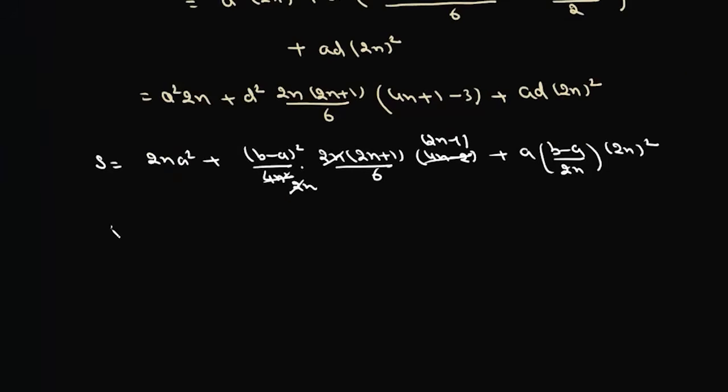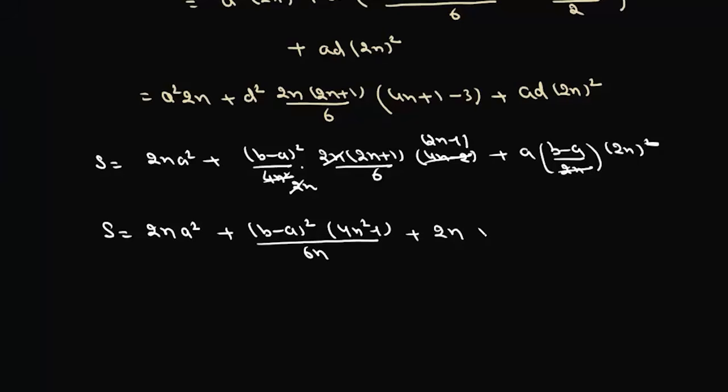So we can write this as 2n a square plus (b minus a) whole square into (4n square minus 1) upon 6n, and here also 2n will cancel, so you'll get 2n (ab minus a square).